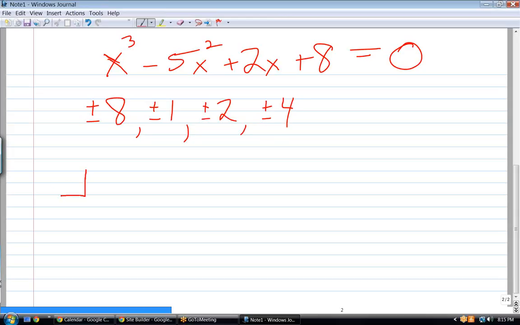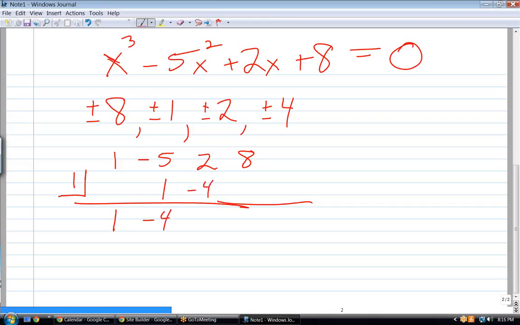And this one, we can't use substitution. One doesn't work. No. Minus 1.